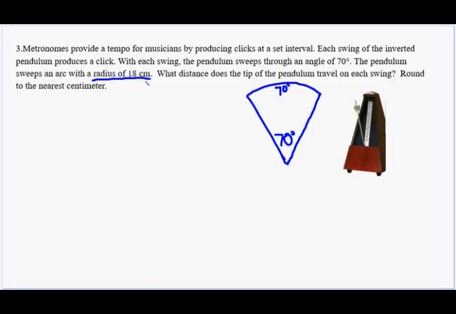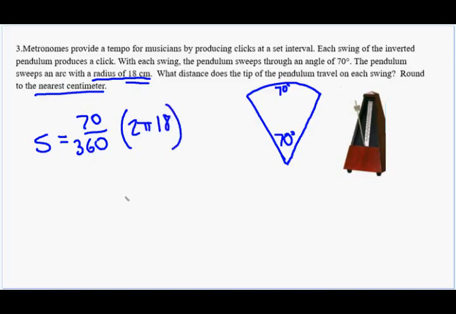It has a radius of 18 centimeters. What distance does the tip of the pendulum travel on each swing? Round it to the nearest centimeter. So S, arc length, is going to be 70 out of the full 360 times 2 times pi times radius 18. That goes in the calculator, and I get the output of 21.99. Rounded to the nearest centimeter, let's just make it 22 centimeters.